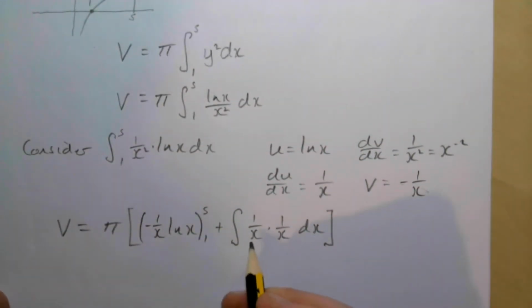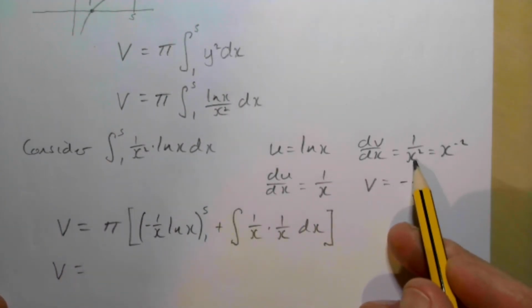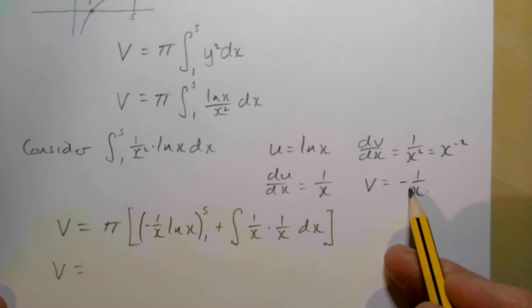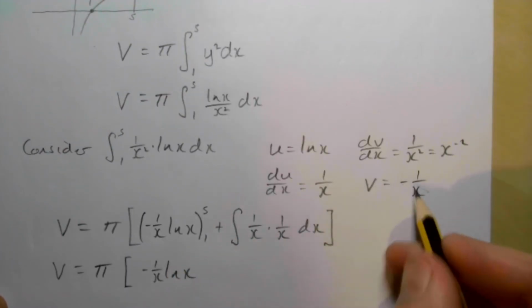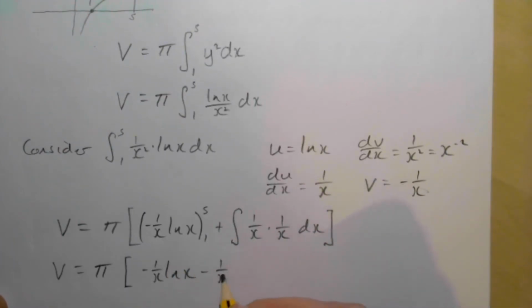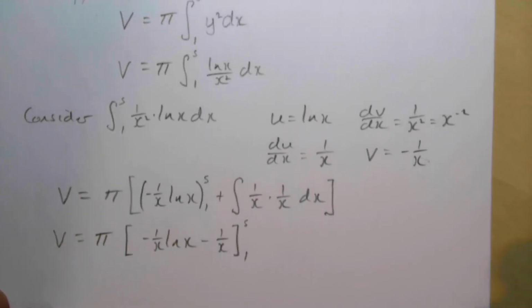Integrating that, we've just integrated a 1 over x squared, so that's nice and straightforward for us. It's going to give us a minus 1 over x. So this all becomes minus 1 over x ln x, and then integrating this gives me minus 1 over x. That's all between 5 and 1, and we're almost there.